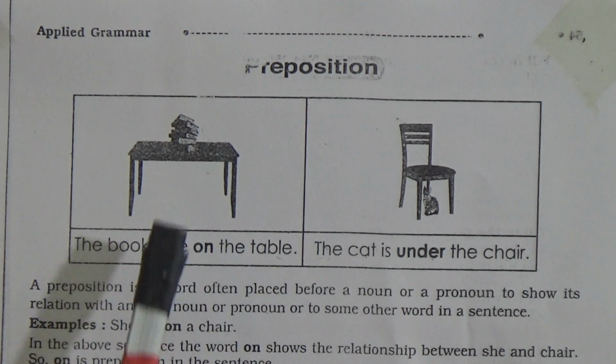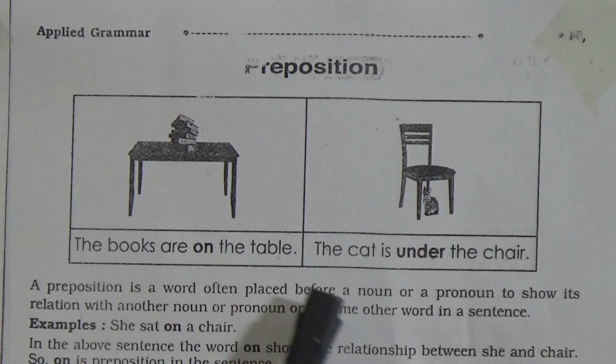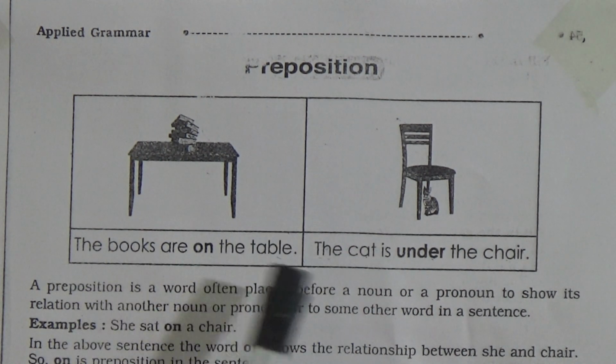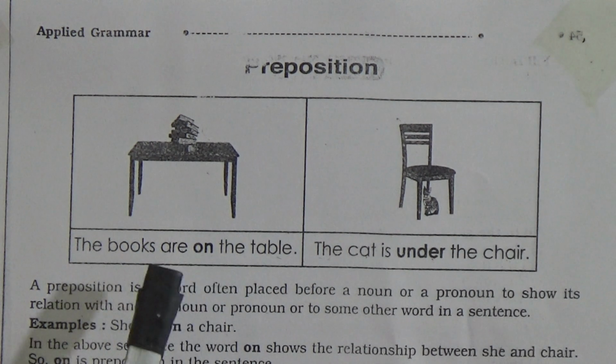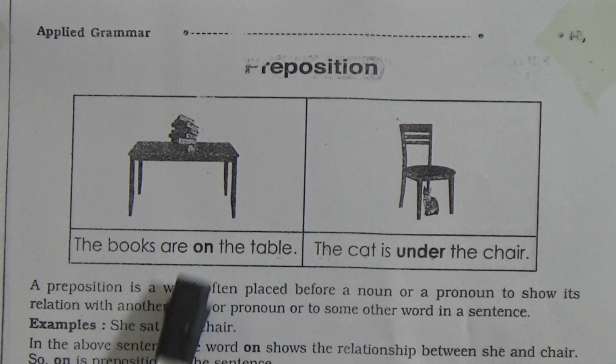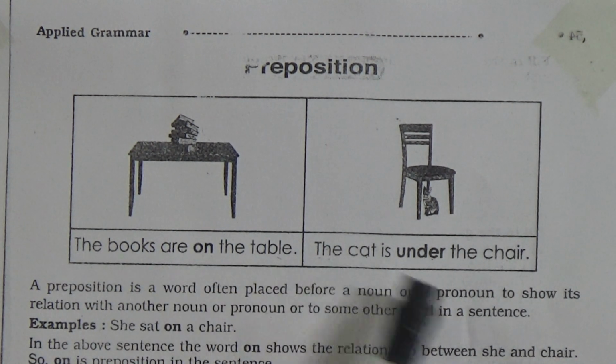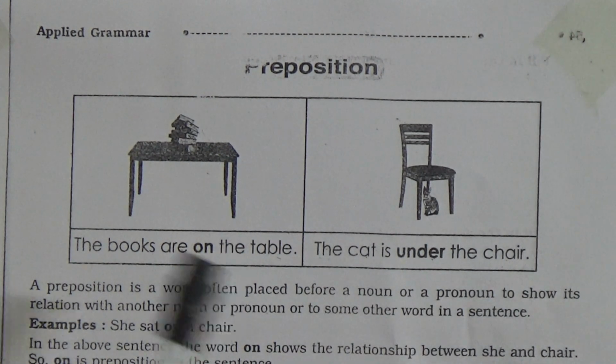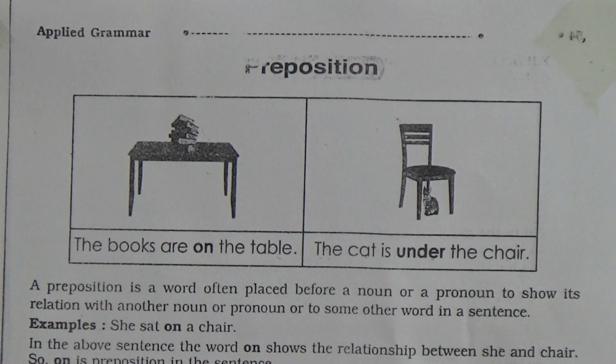So what is preposition? A preposition is a word often placed before a noun or a pronoun to show its relation with another noun or pronoun or to some other word in a sentence. Now I am going to give you another example: she sat on a chair. Here, on is an example of preposition.